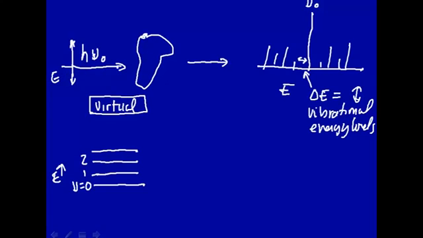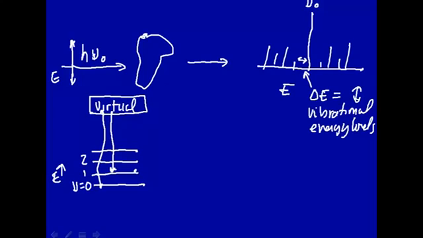So the electrons will follow the electric field as it oscillates back and forth, and it'll go to a high energy state, let's say from here up to this virtual state, and then it goes from the virtual state not back down to 0, but down to a higher vibrational energy level. So the light going in was high energy, the light coming out is lower energy, and that shift in energy corresponds to this difference in energy here.